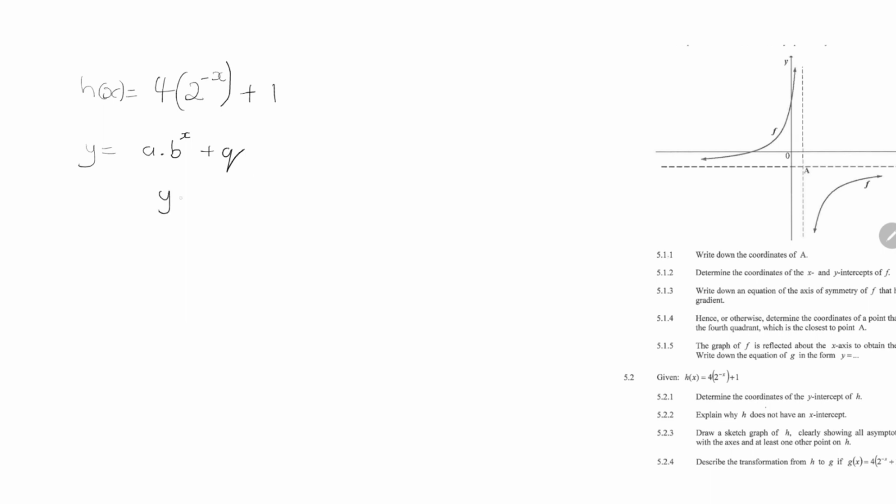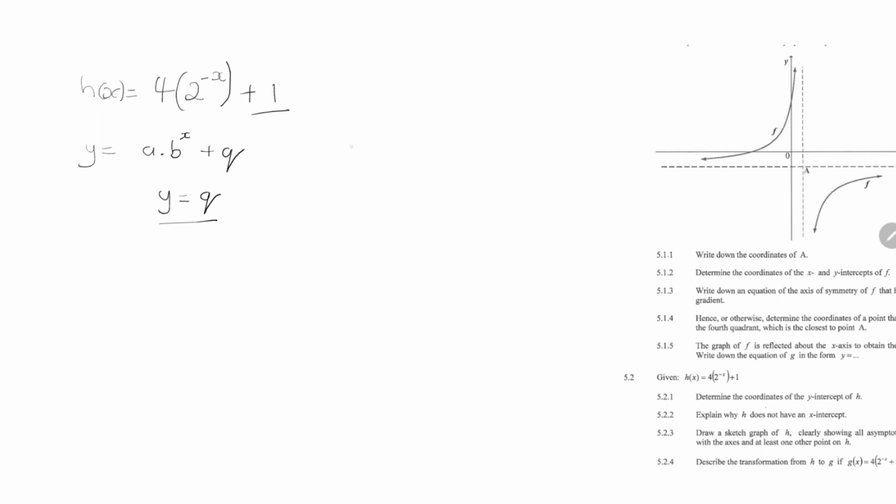So y is equal to q, which would be the asymptote, the horizontal asymptote. And then here on the graph of h, we have this positive 1 representing the q, which is on the standard form.